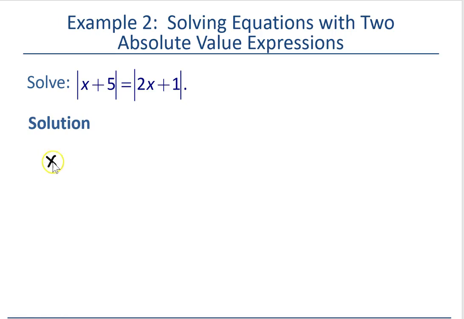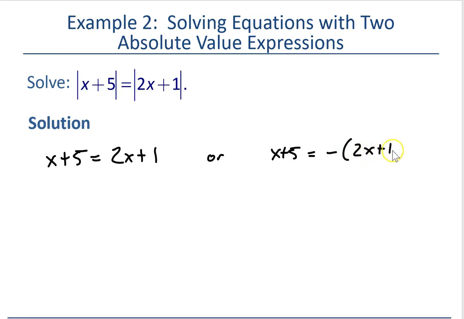I have x plus 5 can equal 2x plus 1. Well, that's my positive version. Remember, one of these has to be positive. Or I can have x plus 5 is equal to, now here's where it gets a little weird, negative 2x plus 1. Then just solve like normal. Remember, with this one here, you're going to have to distribute that negative.